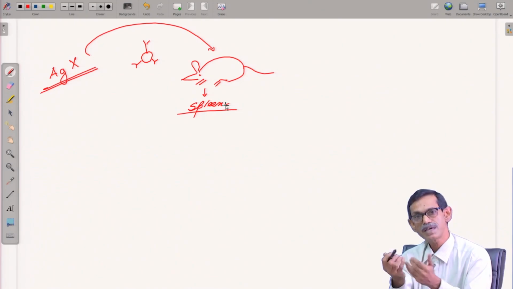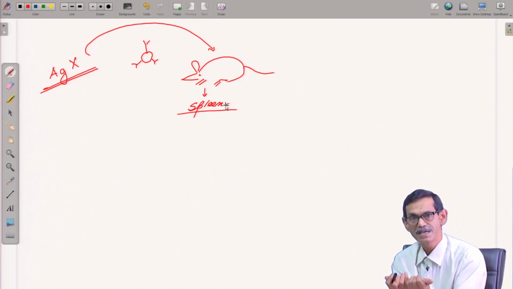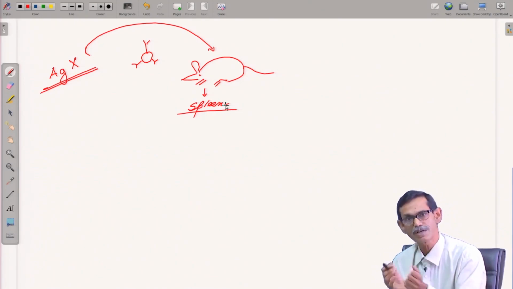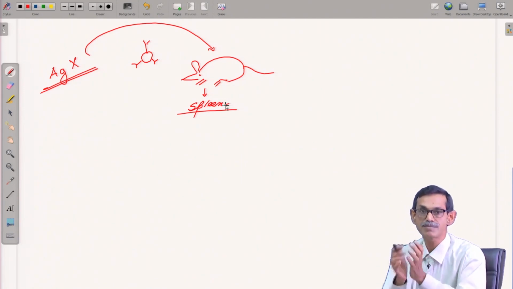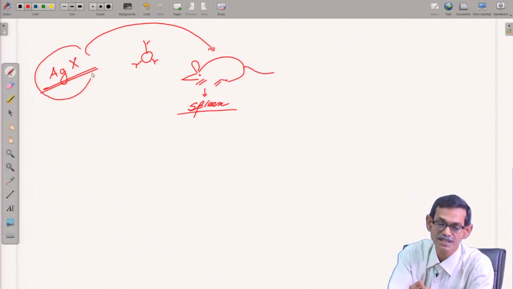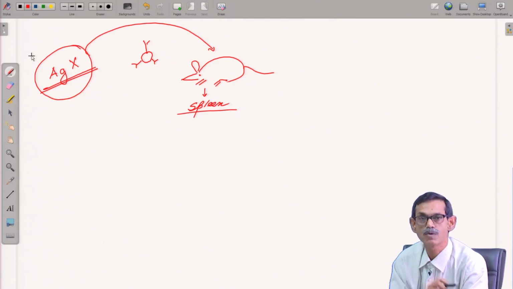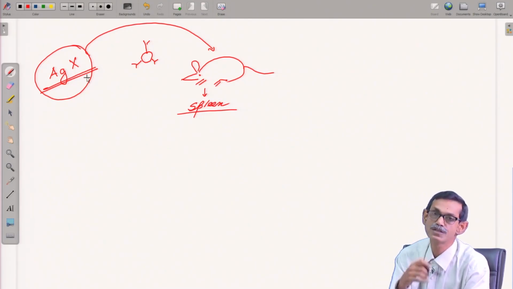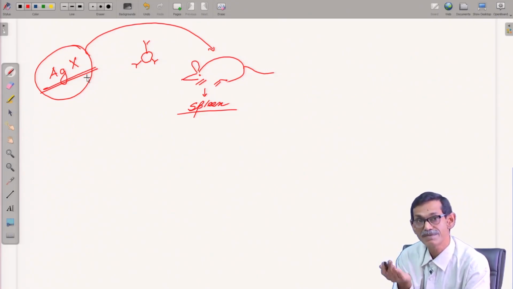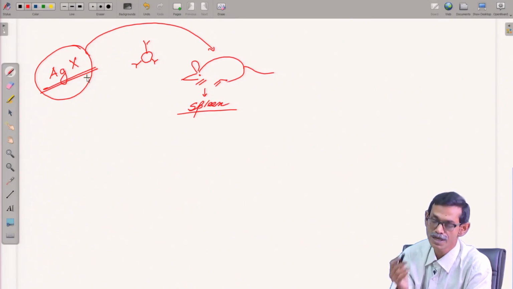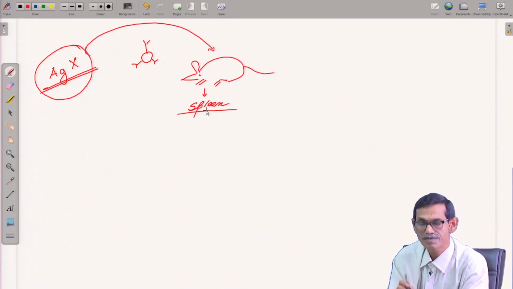If you take a mouse and directly isolate the spleen, you will get a lot of B cells, but activated B cells against this antigen X will not be that many. As I am interested to develop a monoclonal against antigen X, it is better to prime that animal, so the number of B cells activated against antigen X will be more. After you isolate the spleen, you can get the B cells from it.